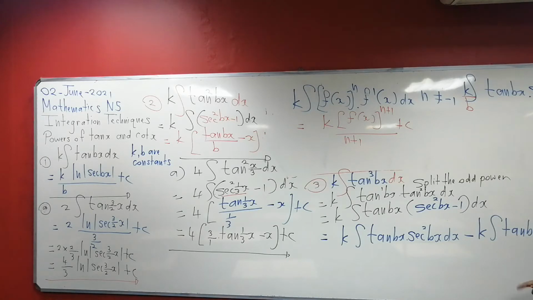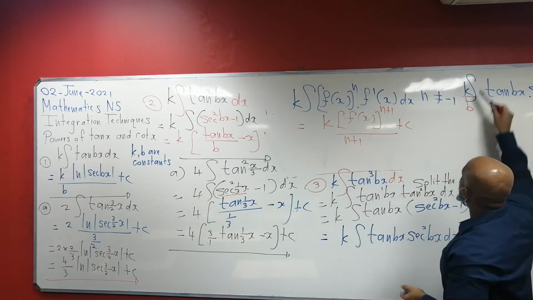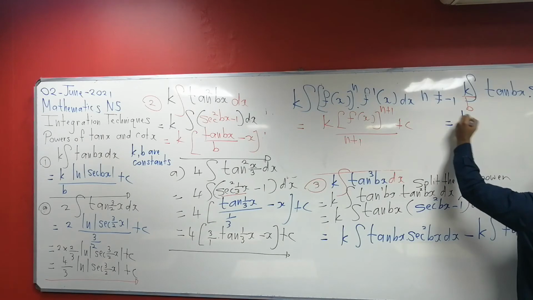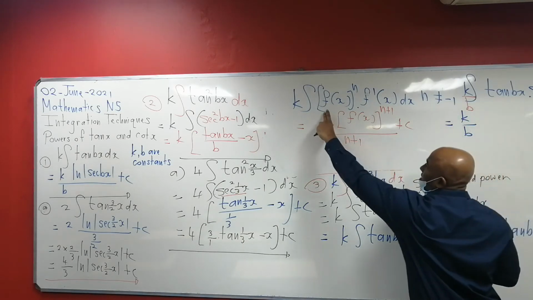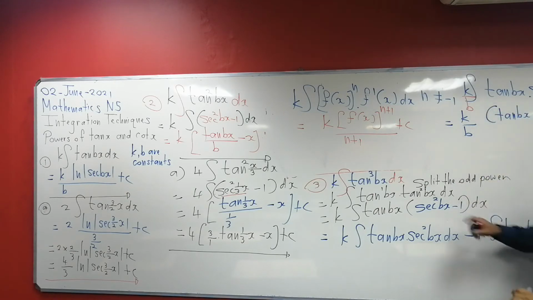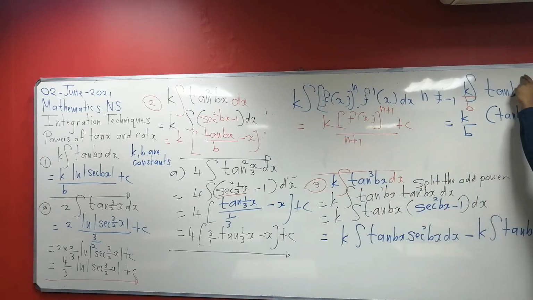So now what's happening here? It satisfies the condition k f of x to the power n. So here is your coefficient. This can be written as k over b, which is your constant. And then I got f of x there, which is tan bx. And then the formula is n plus 1 over n plus 1. So the power here originally was 1.